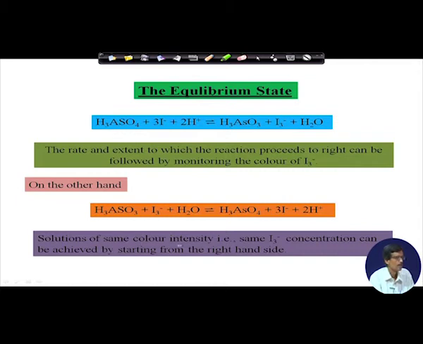So, a solution of the same color intensity, that is the same I3 minus concentration, can be achieved by starting from the right hand side as well. If we go from left to right or from right to left, at equilibrium we will have the same colored solution.